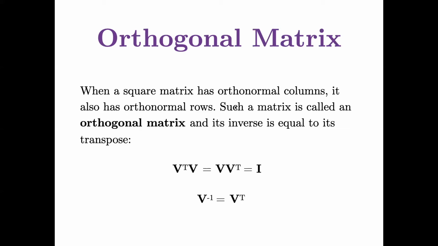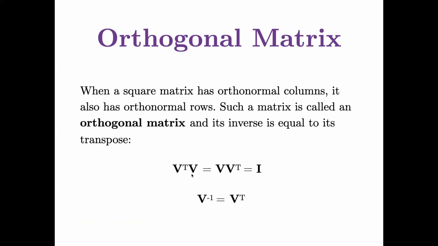It has orthonormal columns or orthonormal rows, and its inverse is equal to its transpose. So not only do we have V transpose V is equal to the identity, but we are also guaranteed that V V transpose is equal to the identity.